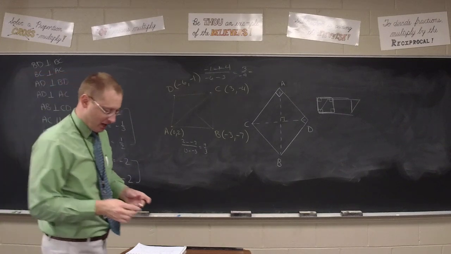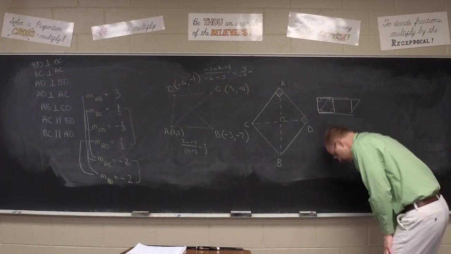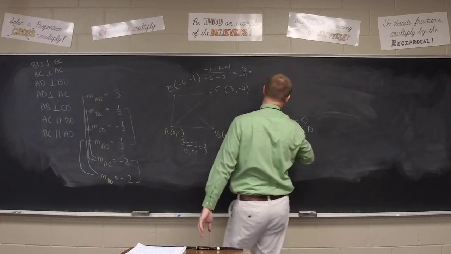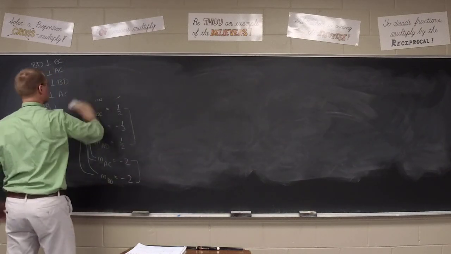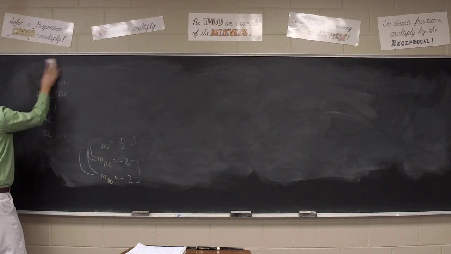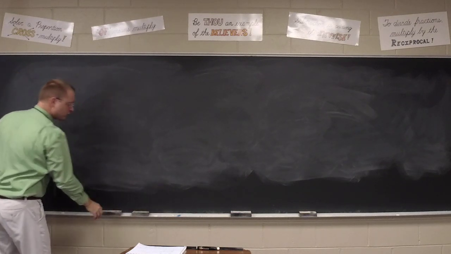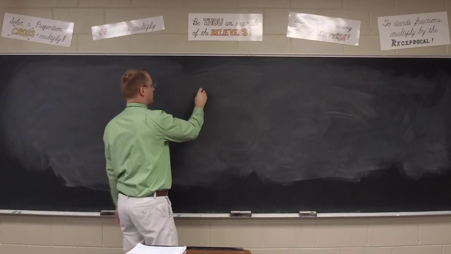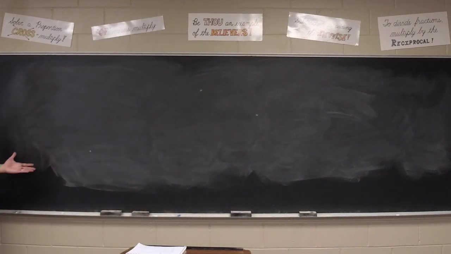Let's take a look at number 5. Read number 5 for us. Without graphing, determine if the points (3, 6), (8, -4), and (-6, 24) do or do not lie on a straight line. They gave you 3 points? Yes. Normally, if I just put 3 dots on the board, any 3 points form a triangle.